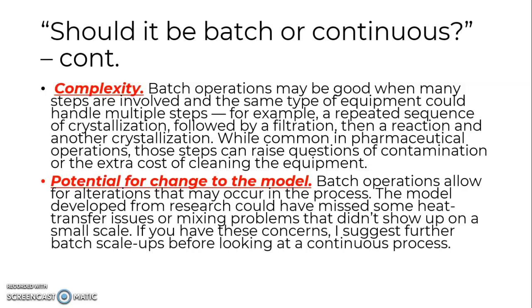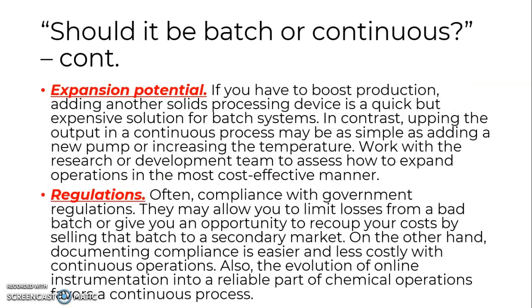Okay, potential for change to the model. Batch operation allows for alteration that may occur in the process. The model developed from research could have missed some heat transfer issues or other problems that did not show up on a small scale. If you have this concern, I suggest further batch scale up before looking at a continuous process.